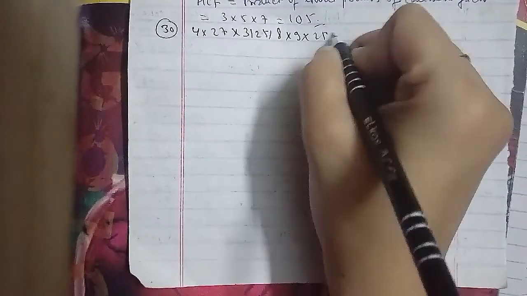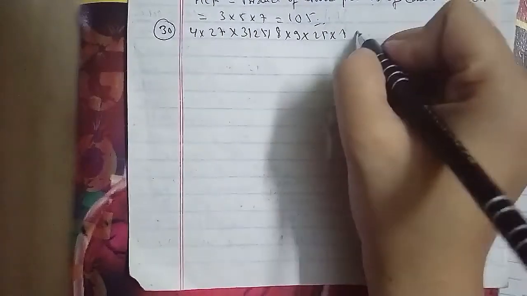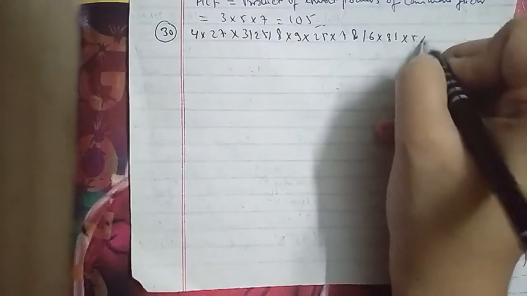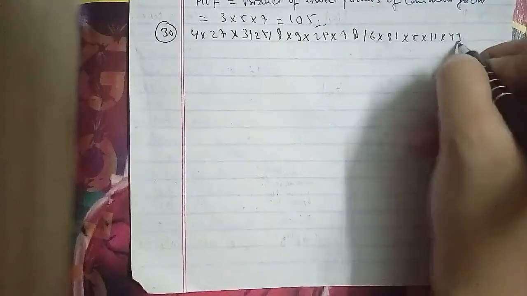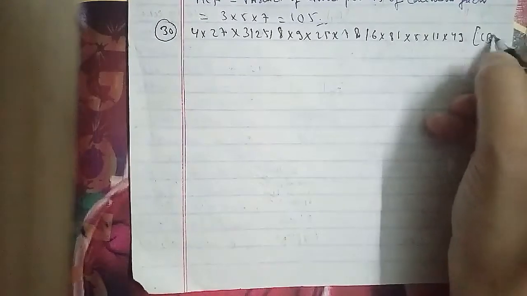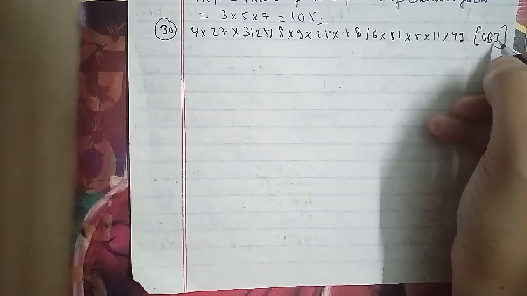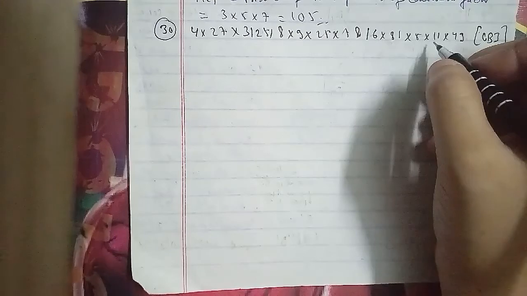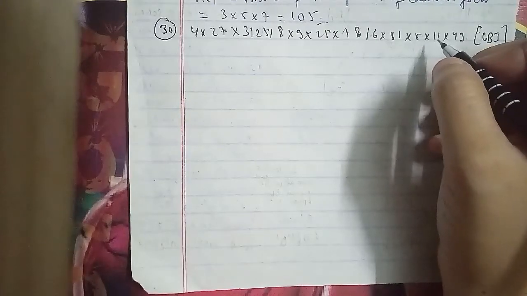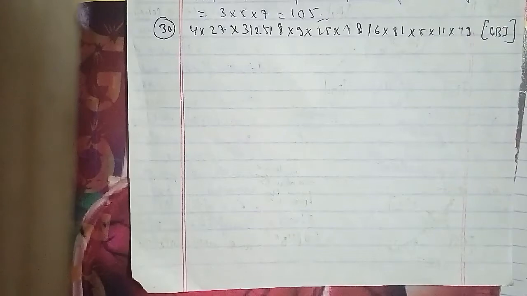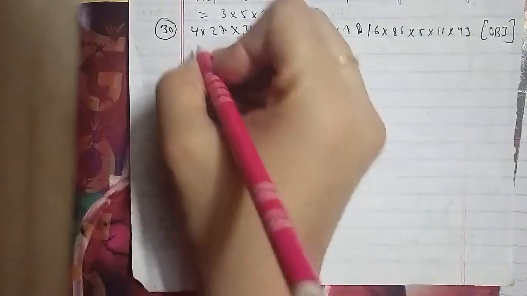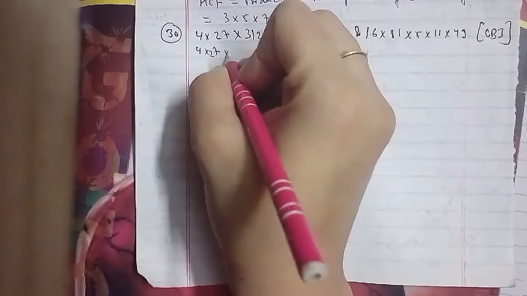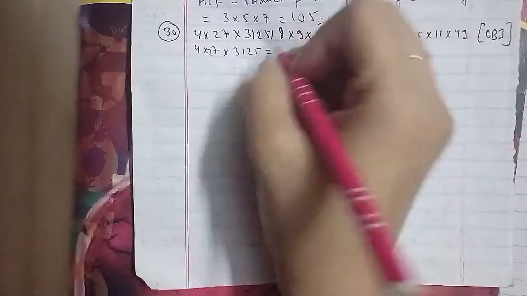For 4 into 27 into 3125, the factorization is 2 power 2 into 3 power 3 into 5 power 5. The other, 8 into 9 into 25 into 7, equals 2 power 3 into 3 power 2 into 5 power 2 into 7.